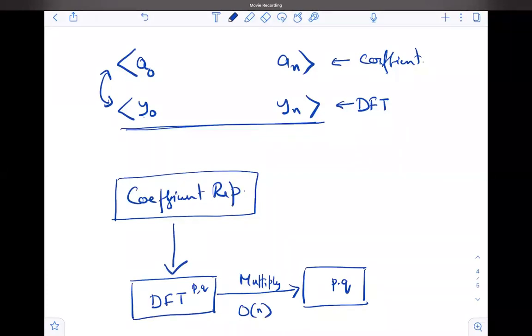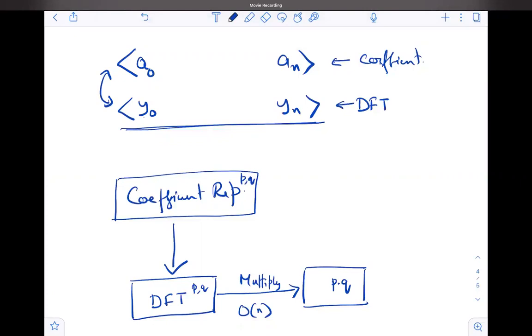Once you multiply for P and Q, this is the polynomial representation for P and Q. You move to this, you multiply, and then what do I want to do?